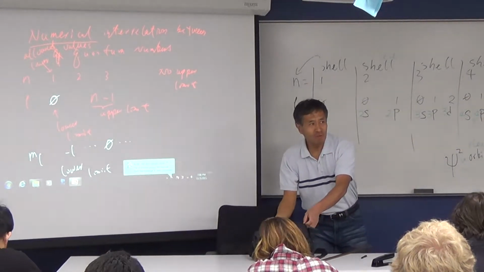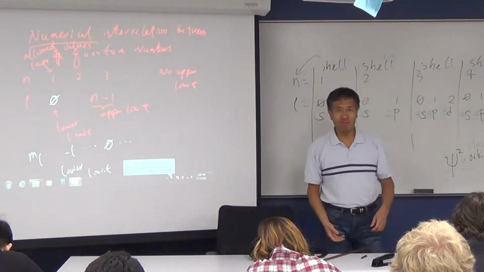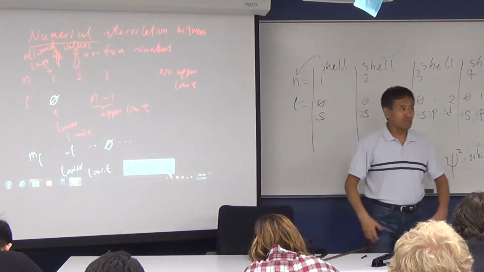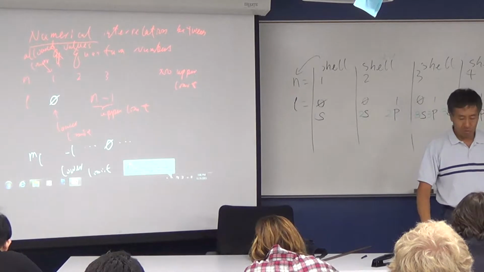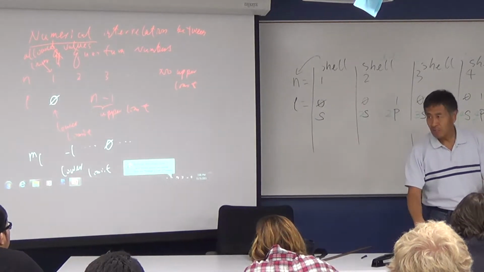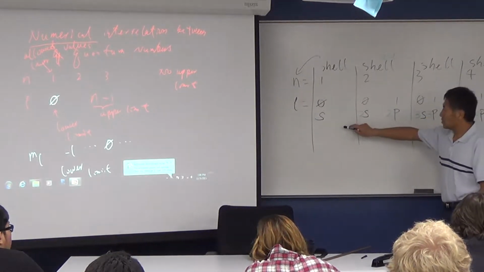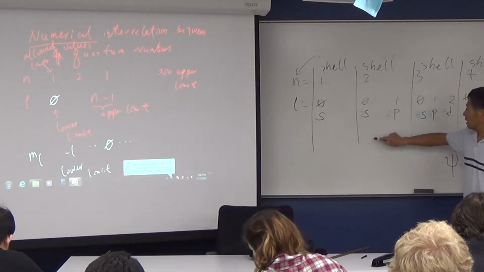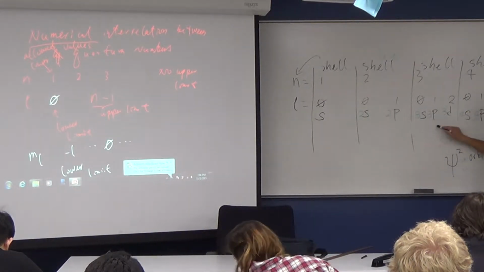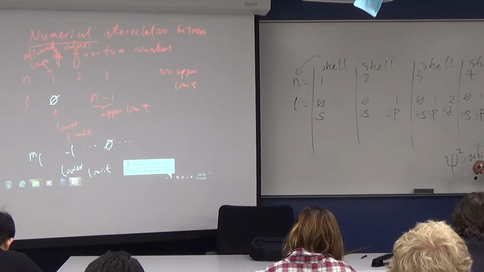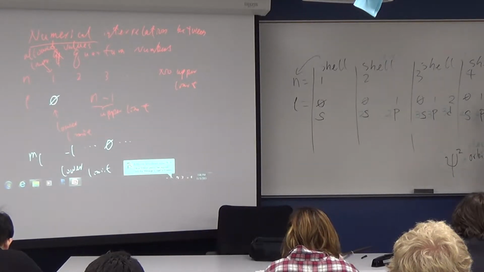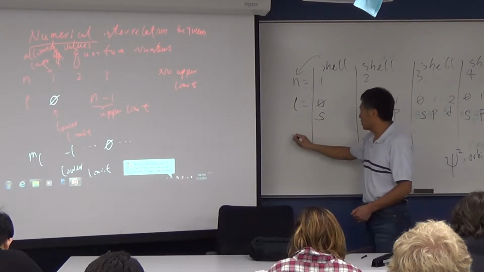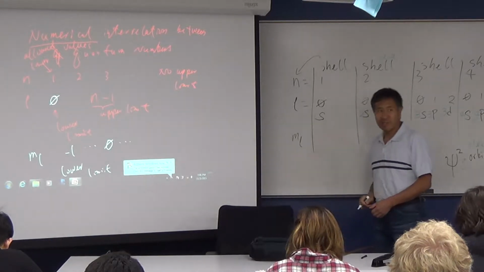Inside there may be only one something, or maybe many something. So once you organize those orbitals into shells or subshells, those subshells S, P, D, F might have a different number of orbitals, and that's the reason we have the next quantum number.